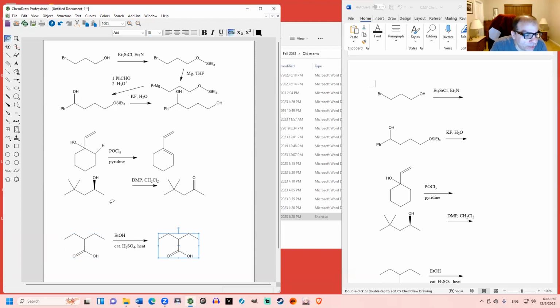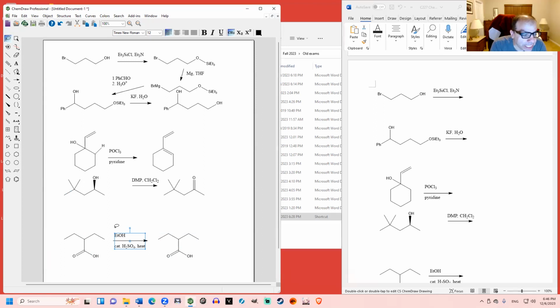Good, and the next one is a Fischer esterification reaction. We won't learn the mechanism until chapter 21, but we said that the OH group of the carboxylic acid and the alkoxy group of the alcohol, whatever the alcohol might be, whatever the alkoxy group is, by alkoxy I mean alcohol minus H. Alcohol minus H equals alkoxy group.